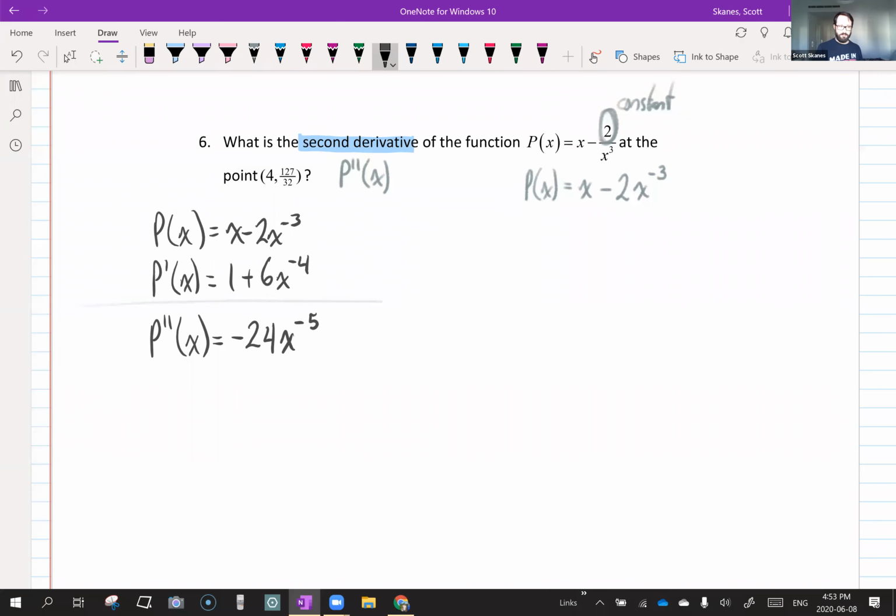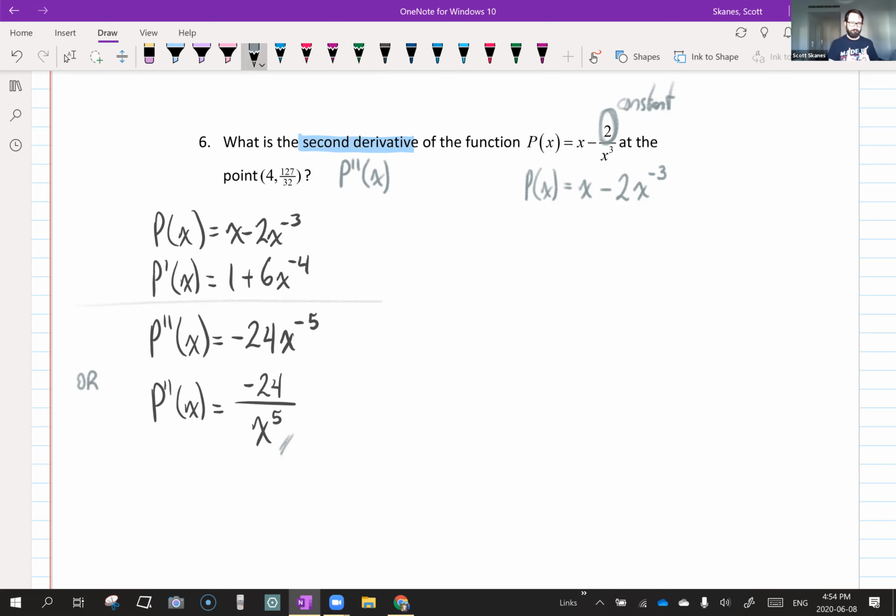That's my second derivative. Or in other words, p double prime is negative 24 on top, and just bring the x term back down, and change the sign of the exponent.